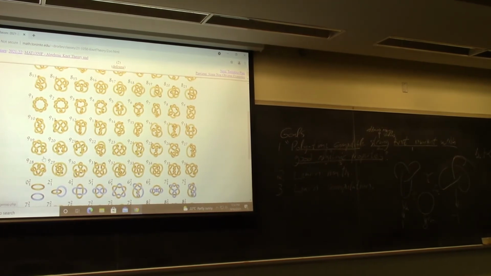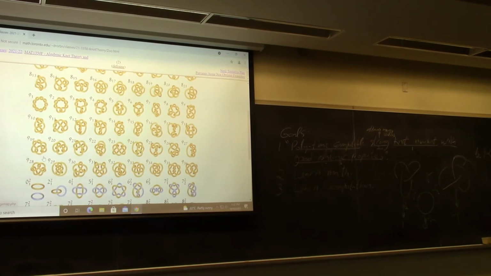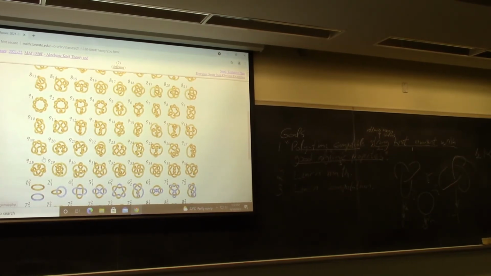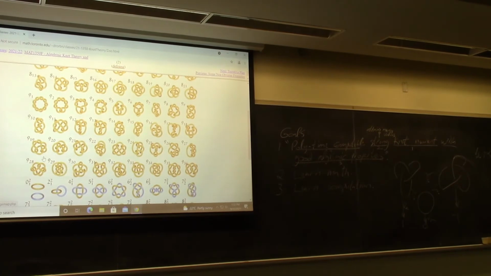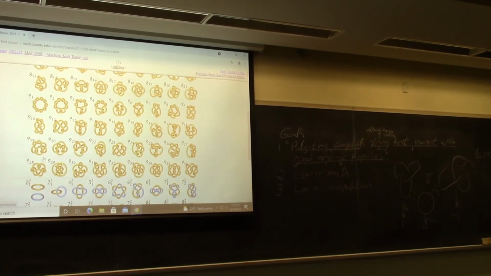We're interested in more than just separating knots. Some knots have certain properties and some other knots don't have those properties.